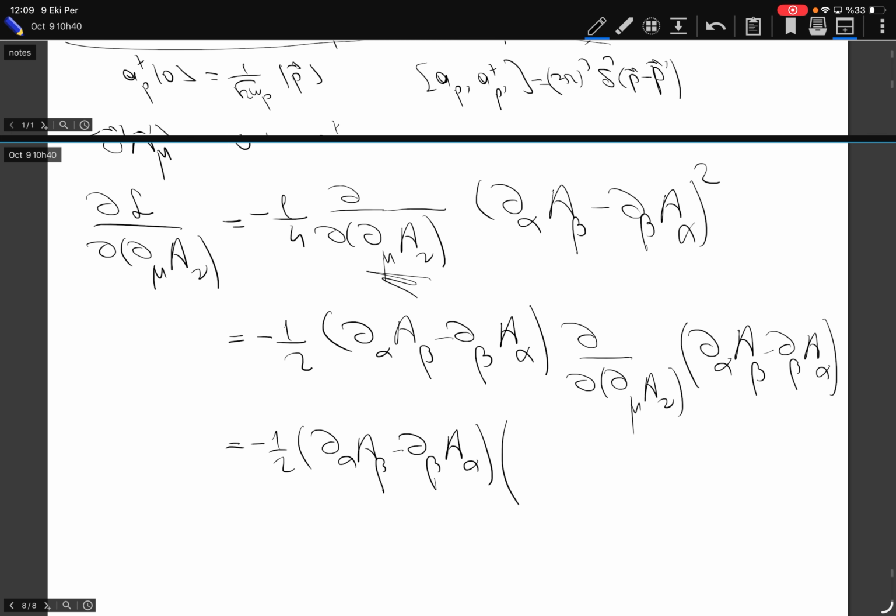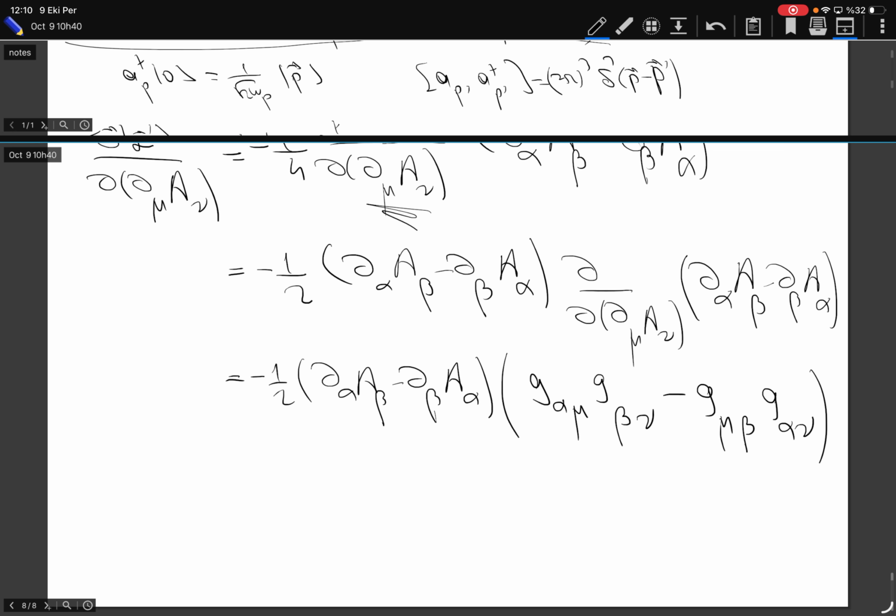Well, in the first term, alpha and mu should be equal if I am supposed to get some non-zero value, and beta and nu should be equal. In the second one, beta and mu should be equal, and alpha and nu should be equal if I am to get a non-zero value. Again, I repeat, I'm just ignoring the position of the indices. They can be upper index, lower index, but ignoring the position also tells me that delta mu nu is equal to one.